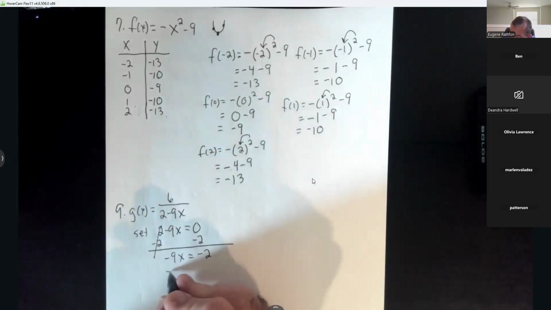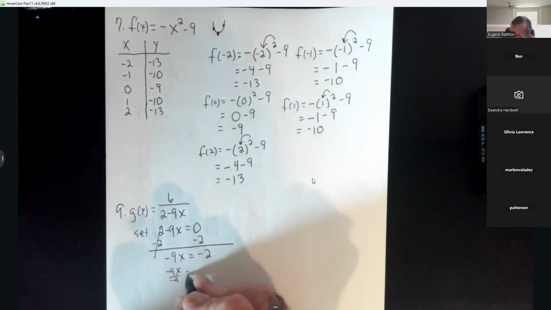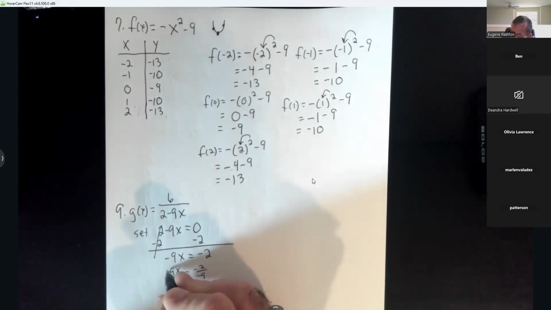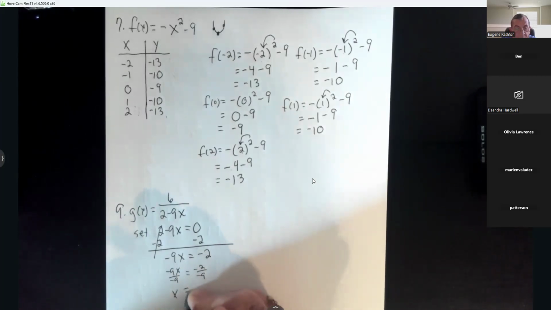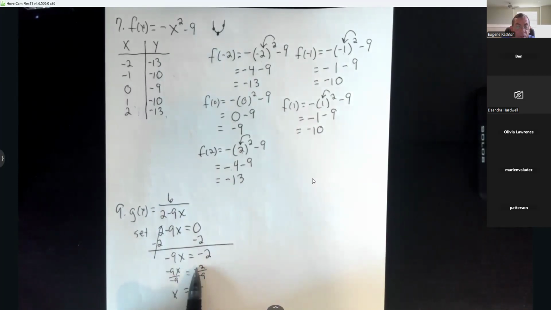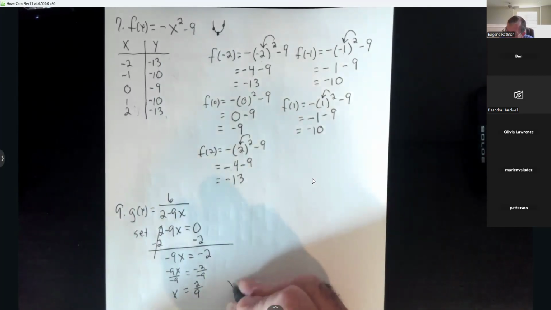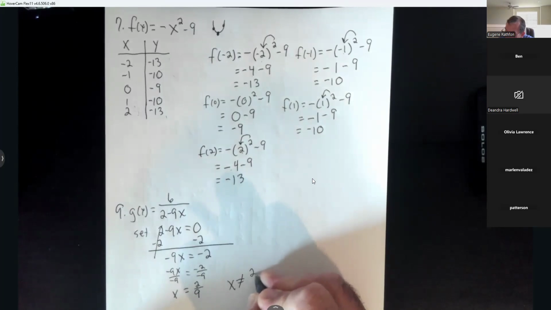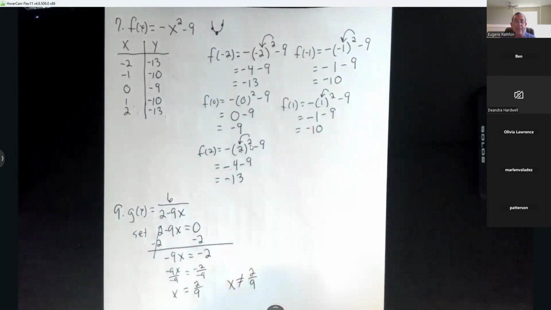Divide both sides by -9. So that cancels, giving me a 1x. And then a negative divided by negative makes this a positive 2 over 9. So make sure negative divided by negative is a positive on that. So we're wanting the one that says x cannot equal 2/9.